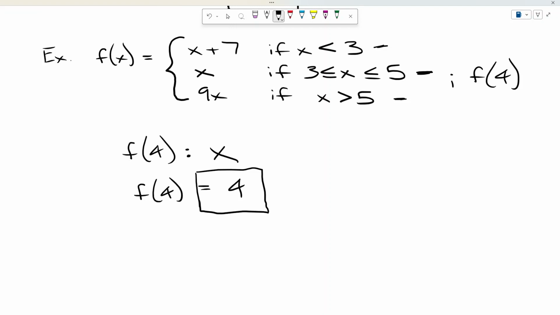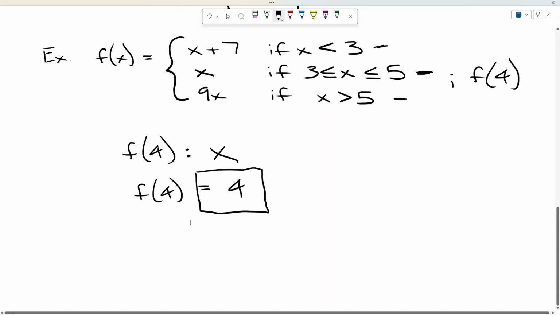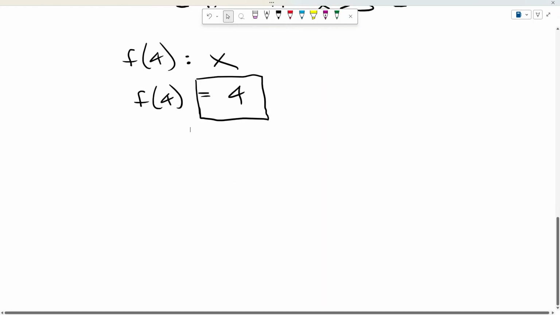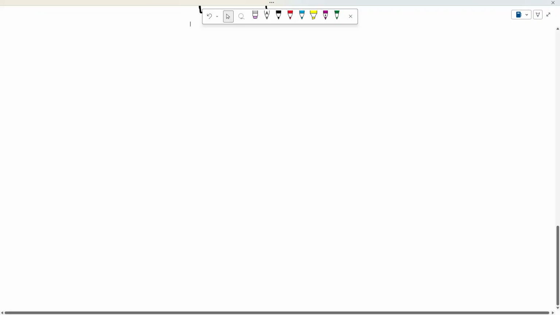All right. So that is our introduction to piecewise functions. And now we're going to switch gears and go back to discussing functions and their graphs. And it can be very useful for us to know where the graph of a function rises and where it falls.